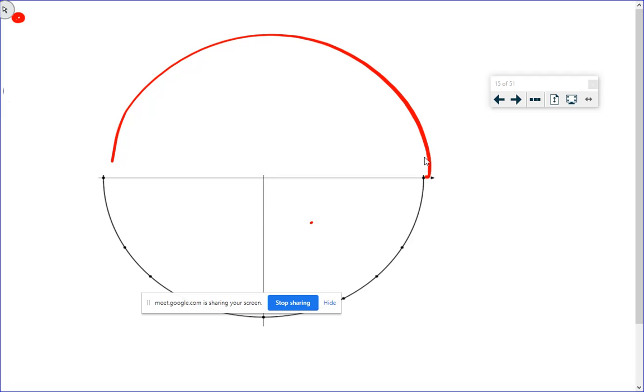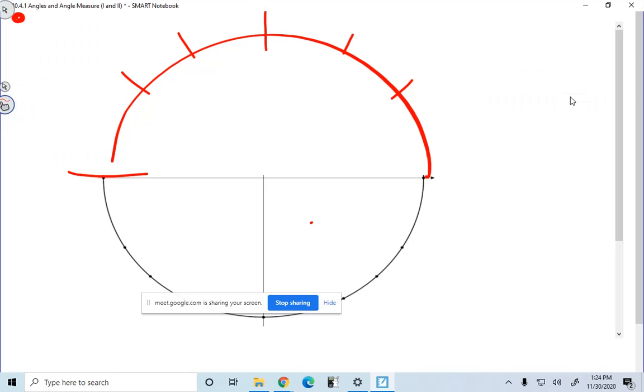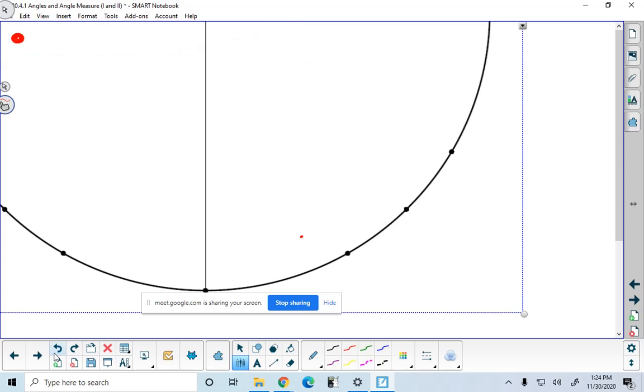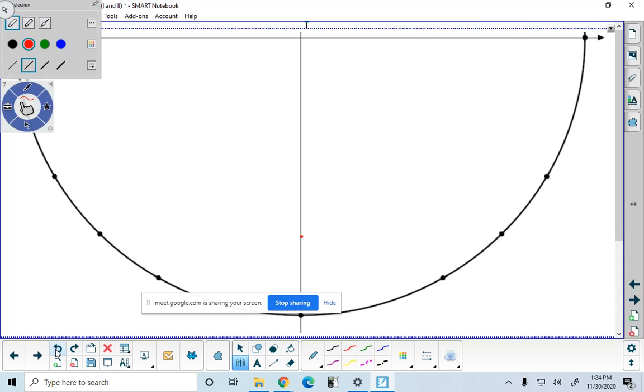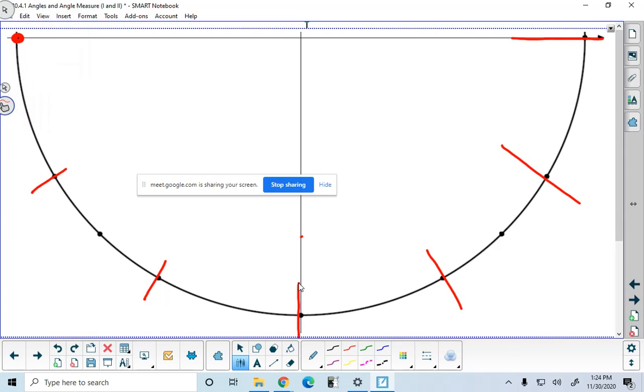And that 180 degrees was actually 1, 2, 3, 4, 5, 6 pi over 6. So that's 6 pi over 6 to there. So if that's 6 pi over 6, then this is 7 pi over 6, this is 8 pi over 6, this is 9 pi over 6, 10 pi over 6, 11 pi over 6, 12 pi over 6.